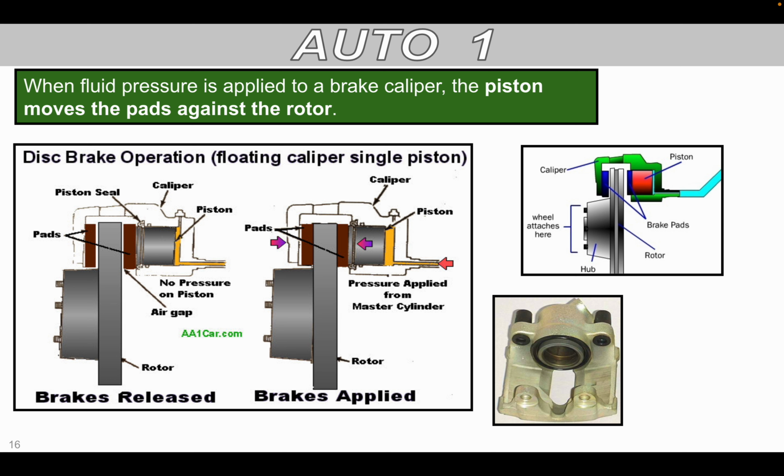And then that pad is going to come in contact with our rotor. Again, these are all components that we'll be talking about here today and in the future. And that is what generates the heat in order to slow down the spinning of the rotor, which is obviously bolted on through our lug studs here into the wheel. So that's how we can slow down and stop a tire from spinning.